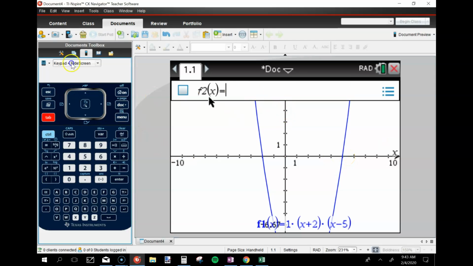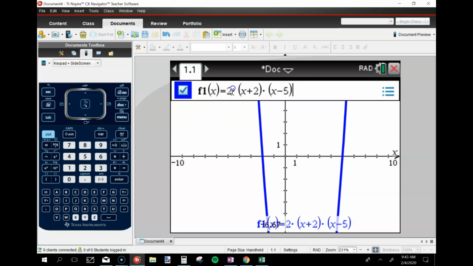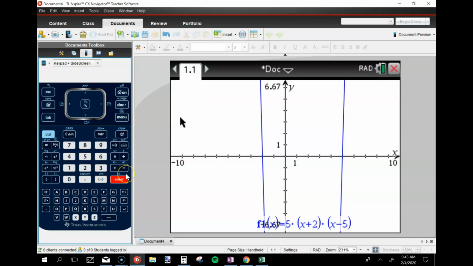Instead of having a 1 here, I'm going to make it a 2. And what happens? The roots are the same. The graph is maybe a little squished. In fact, if I throw a 5 on here instead of a 2, then it even gets more squished, or stretched vertically, okay? But you notice that the roots don't change.